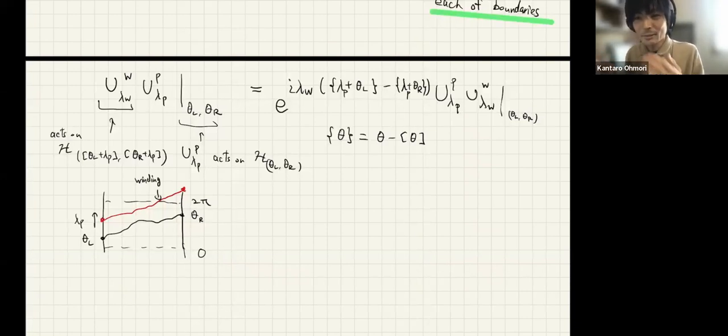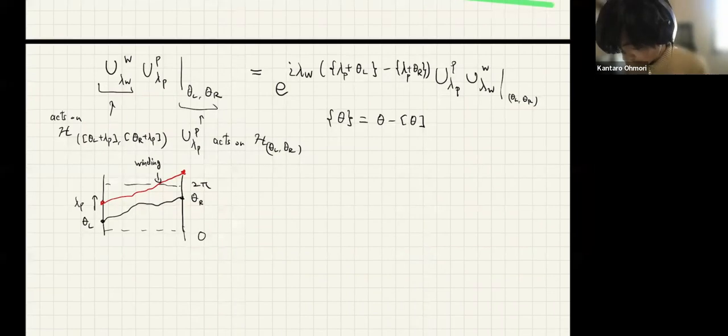So you have to abandon either commutation with the momentum or the 2 pi periodicity, and you have to choose one of them. You cannot achieve both. Okay, so this is the projective phase.